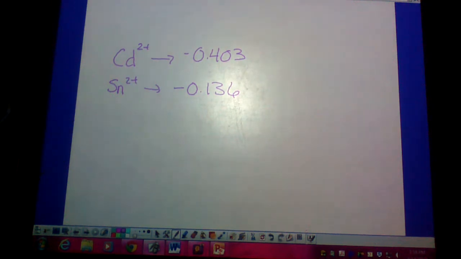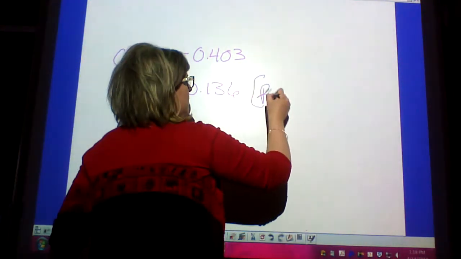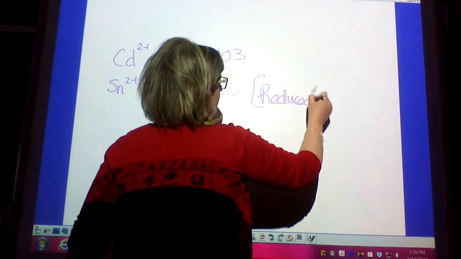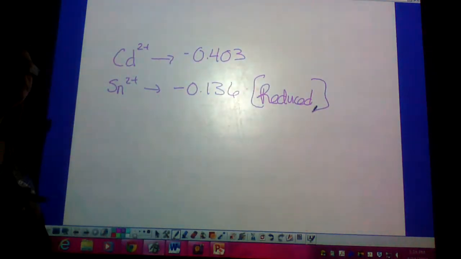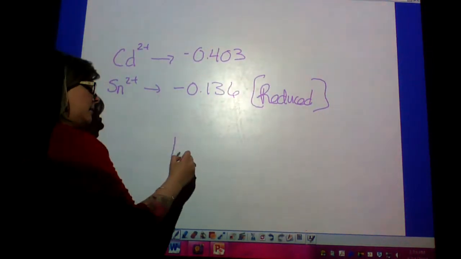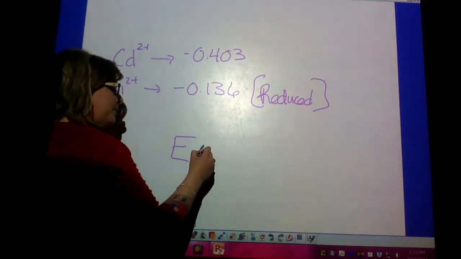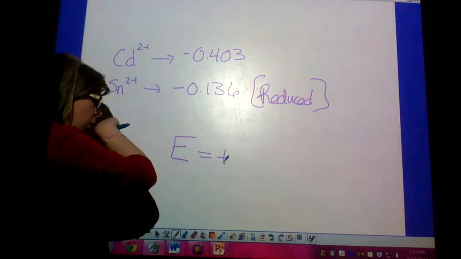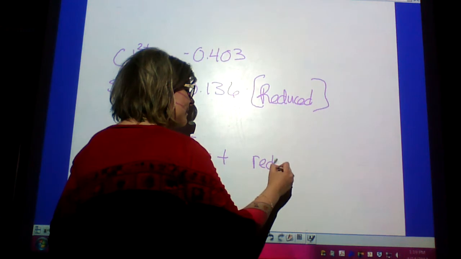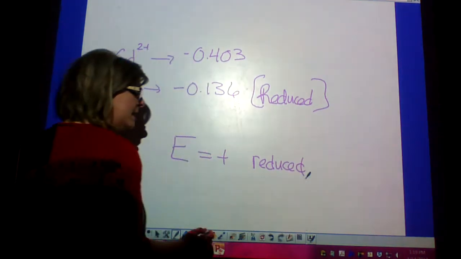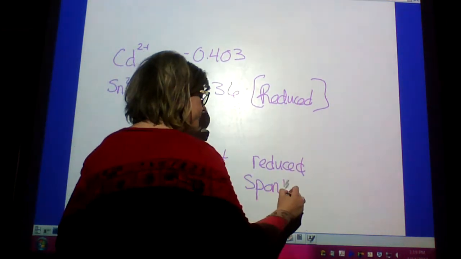Okay, Sn has a greater standard reduction potential, so that means it's going to be reduced. Again, how do I know that? Remember from one of the beginning slides we said that when E is positive, it means it's going to be good at being reduced. It also means it's spontaneous.